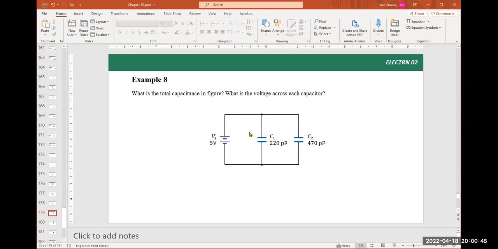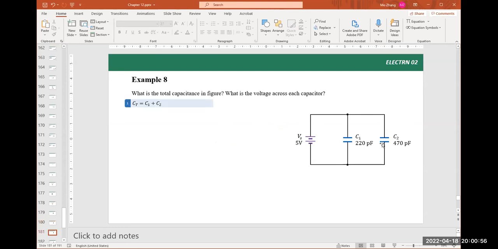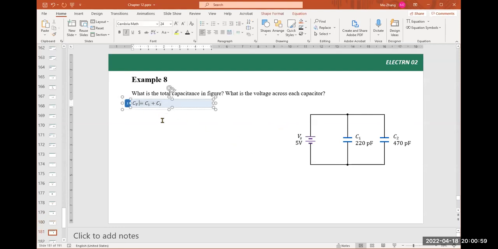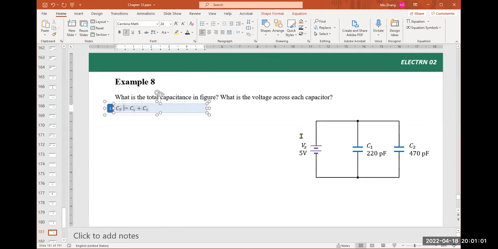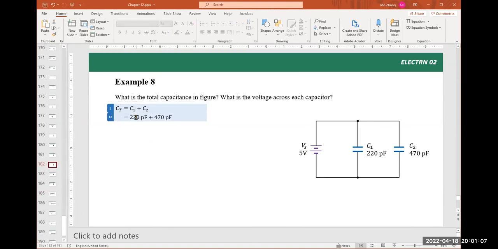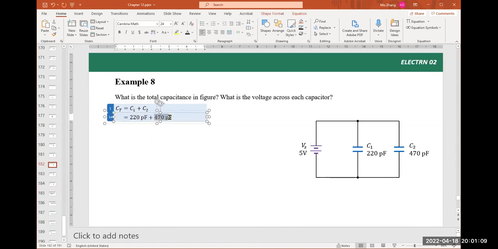And we know they are connected in parallel, so easy, right? Easy for a parallel circuit of capacitors. We can simply add them up. CT, the total capacitance, is the sum of C1 and C2. So C1 plus C2. And plugging in numbers, it is 220 picofarad plus 470 picofarad.